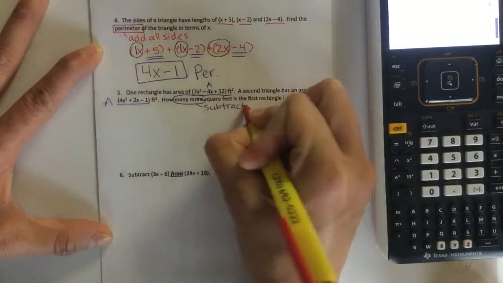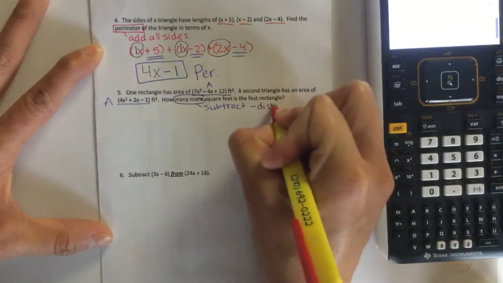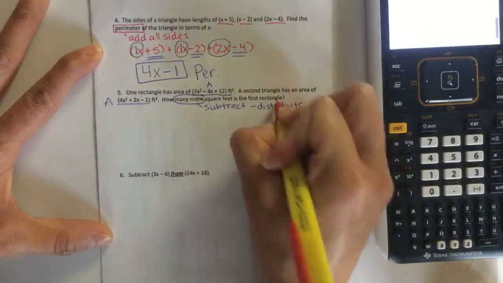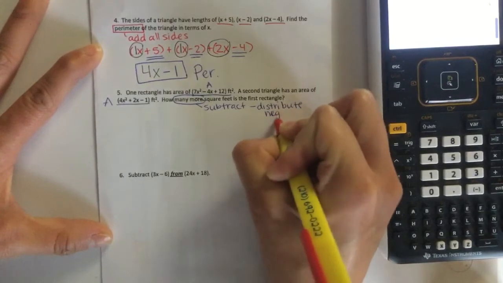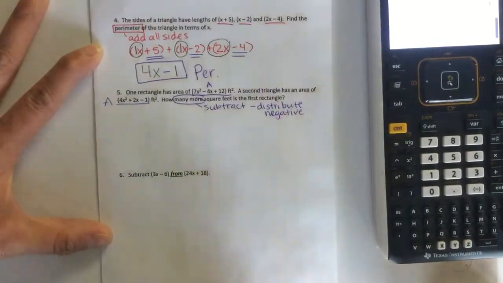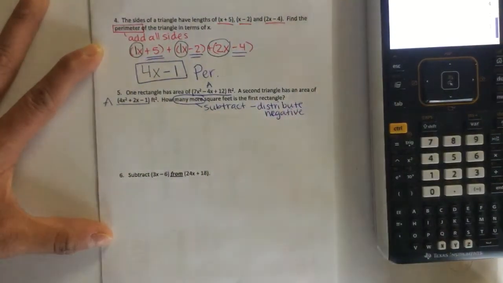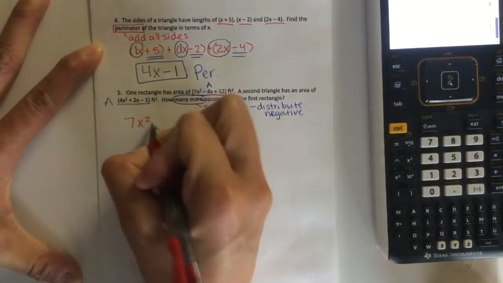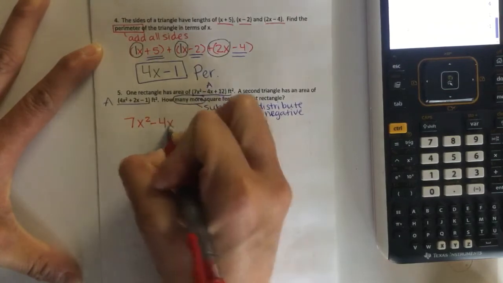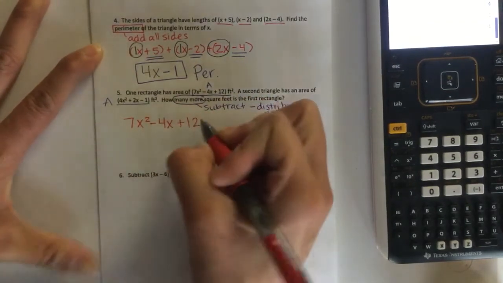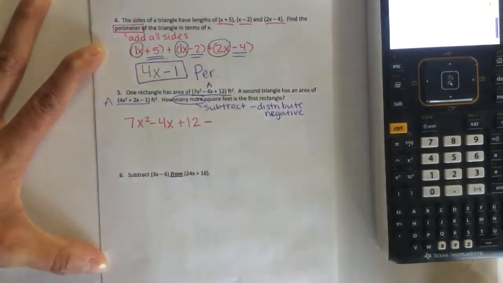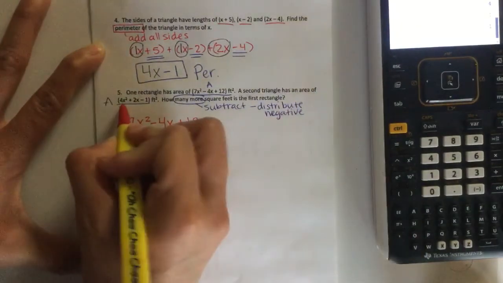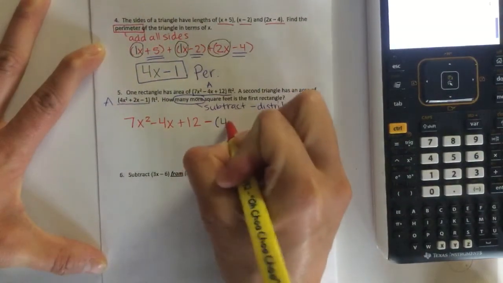And when you subtract, you distribute the negative. So we're going to take 7x squared minus 4x plus 12, and we have a minus sign, and we're going to take all of this in parentheses.